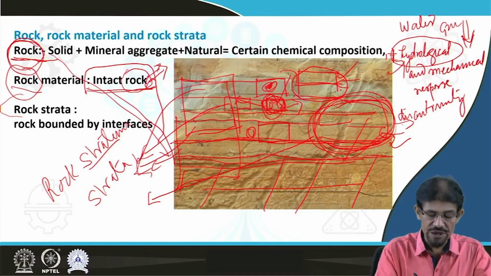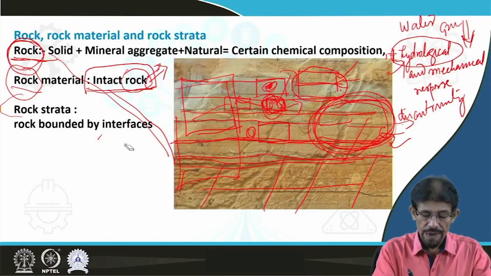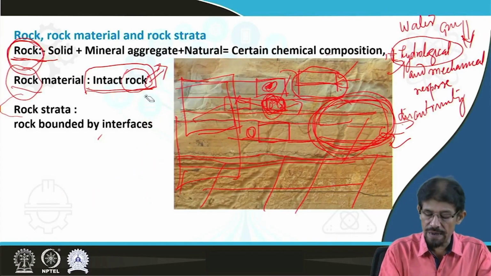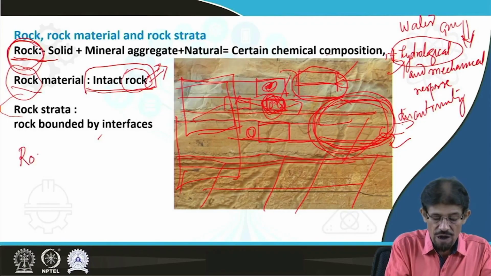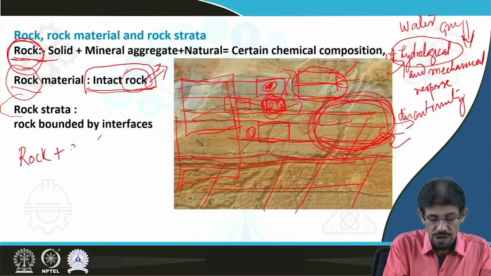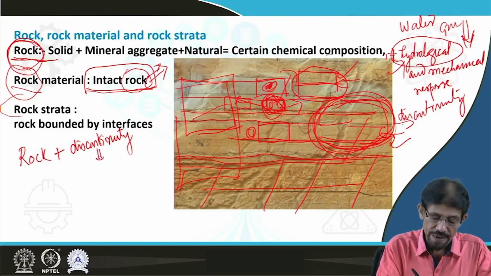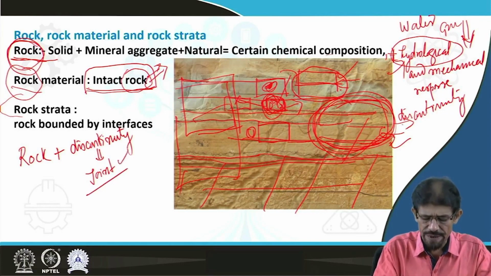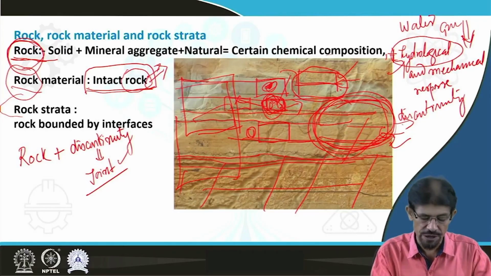Therefore, we can say that this type of strata is made up of not only rock. This type of strata consists of rock plus discontinuity. In geological terms, we have one term, the joint: bedding joint, transverse joint, tensile joint, shear joint, varieties of joint, different types of joint having different characteristics.